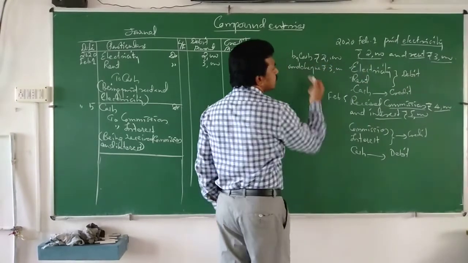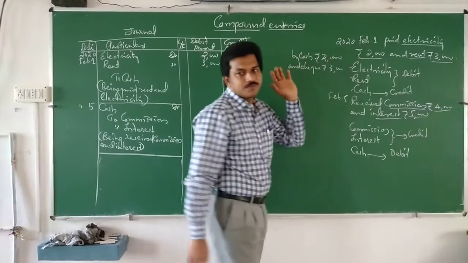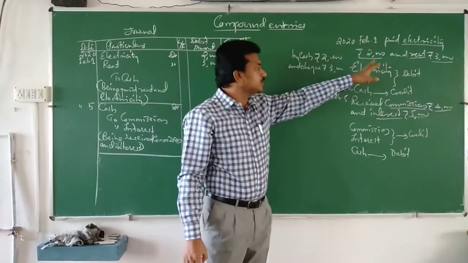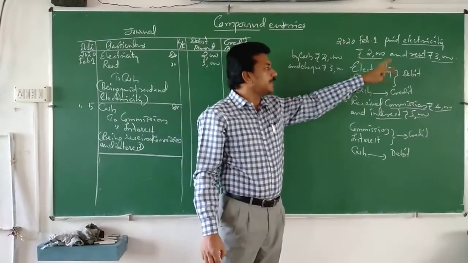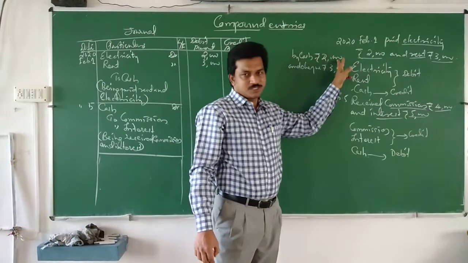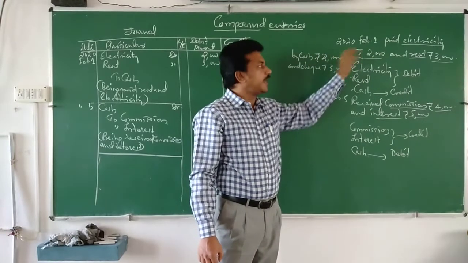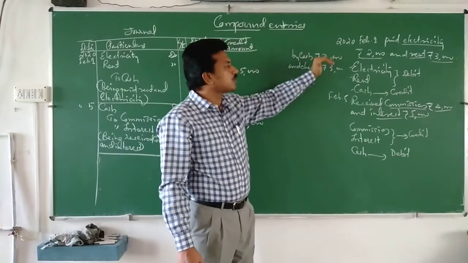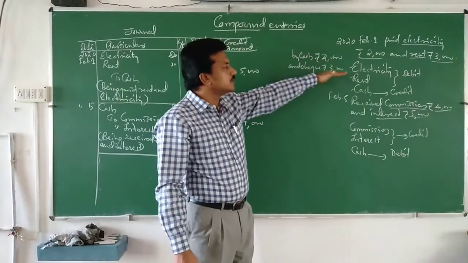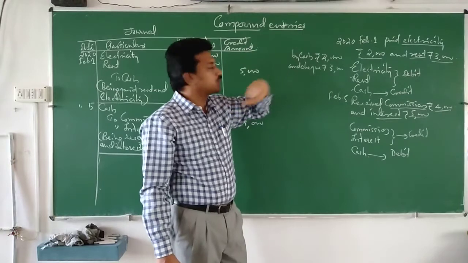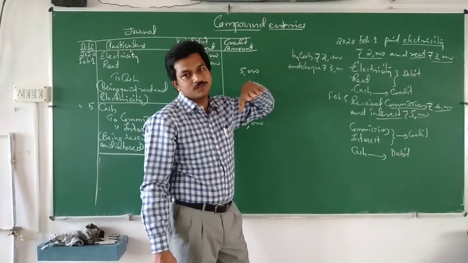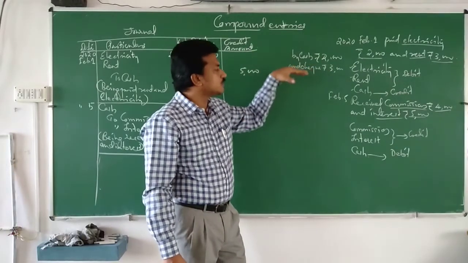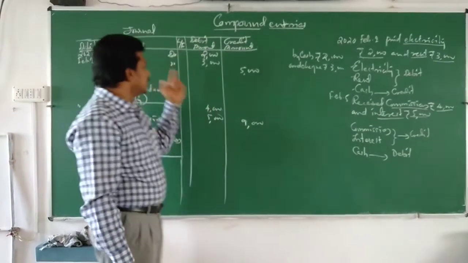Suppose the continuation of this transaction is like this. That means paid electricity 2000 and rent 3000. For paying electricity and rent, we paid cash directly 2000 and rent, sorry, by check 3000. So cash as well as check is there.